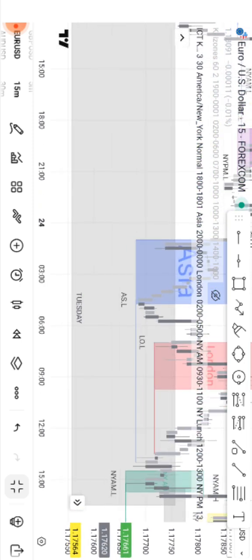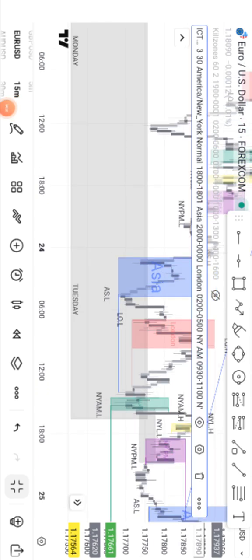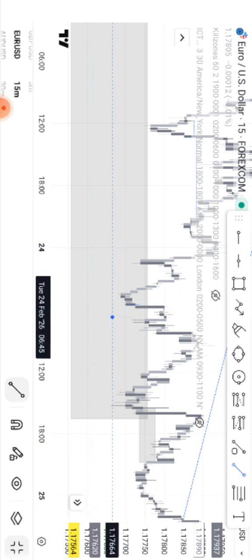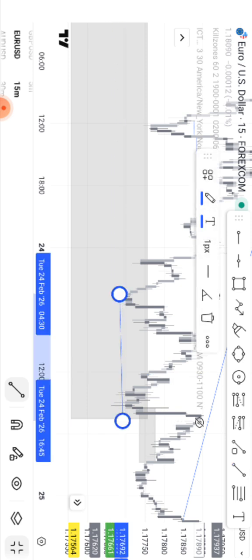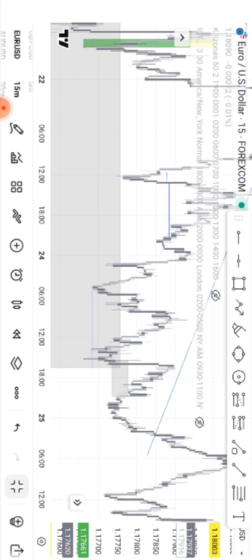As you can see here, the Asian low has been cleared completely. A very clean sweep of liquidity from London, taking the liquidity on the Asian low here, and the Asian high as well.